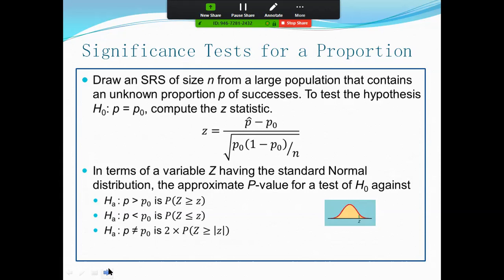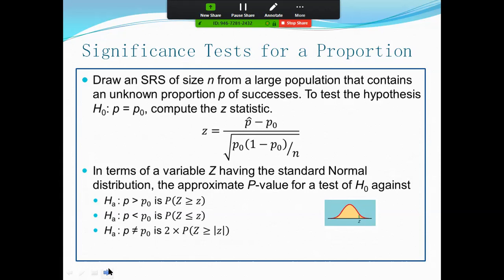In terms of a variable Z having a standard normal distribution, the approximate p-values for a hypothesis test of H naught against the alternative hypothesis that p is greater than p naught, shown in the image, where the critical region is the region greater than z, is the probability that a z-score is greater than the z statistic we computed.